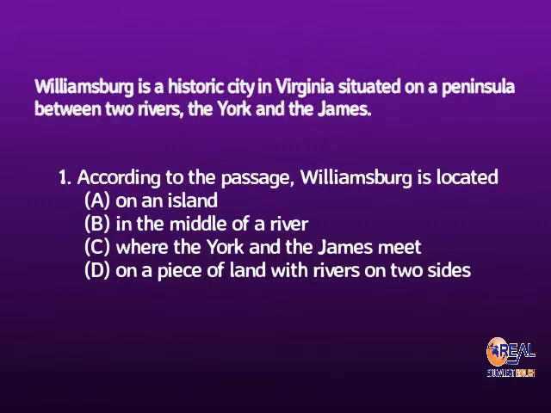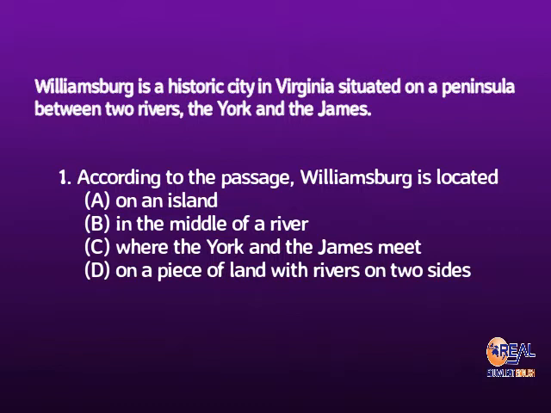So the keyword from this question will be location of Williamsburg. And the choices listed are only about the general idea, like the island, the middle of a river where the York and the James meet, and on a piece of land with rivers on two sides. So we do not need the other things. Okay, so we need to find the location.